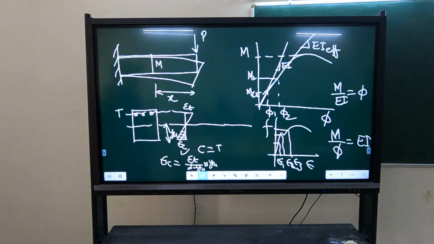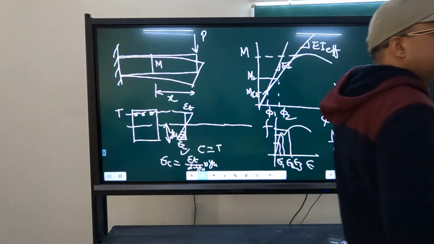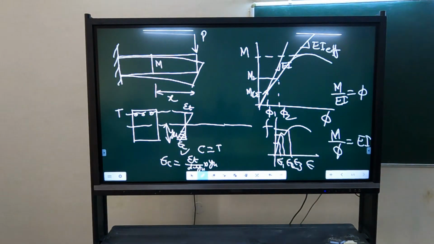Now, what will happen in the case of a steel section? Does the steel section crack? So what will happen there? Yielding. But before yielding, what will happen to EI? Is the EI going to change there? EI will not change there. So what type of curve are you expecting for a steel section?